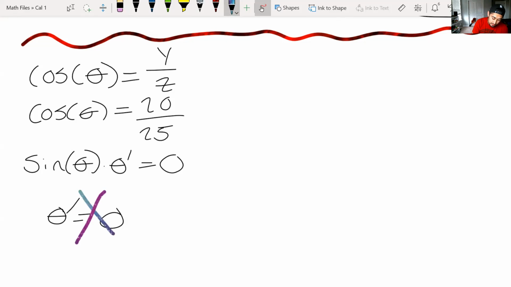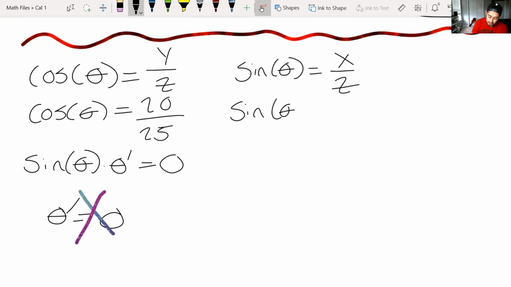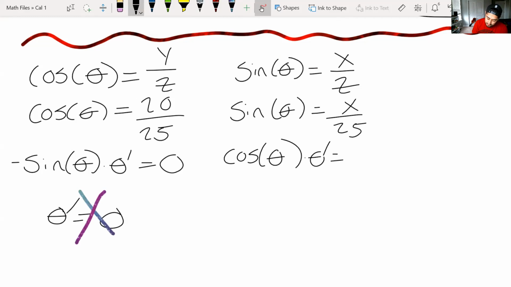Okay. Now let's try it out with sine. So sine theta would have been x over z. So that's my bad. And then since z is not going to change, we can make this x over 25. Take the derivative. You would get cosine theta. That'd be negative, but whatever, over there. So this would be cosine theta, theta prime equals x prime over 25.